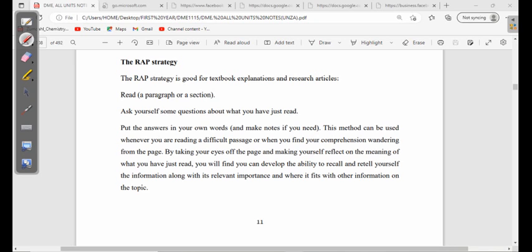By taking your eyes off the page and making yourself reflect on the meaning of what you've just read, you are going to develop the ability to recall and retell yourself the information, along with its relevant importance and where it fits with the other information. So that is the RAP strategy, the first one.